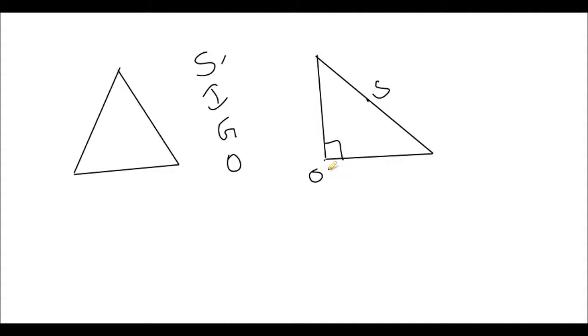Next, the orthocentre is at this right angle itself. So you have the circumcenter and orthocentre, and then the incenter and centroid. These two, incenter and centroid, are always inside the triangle, whatever the triangle may be.